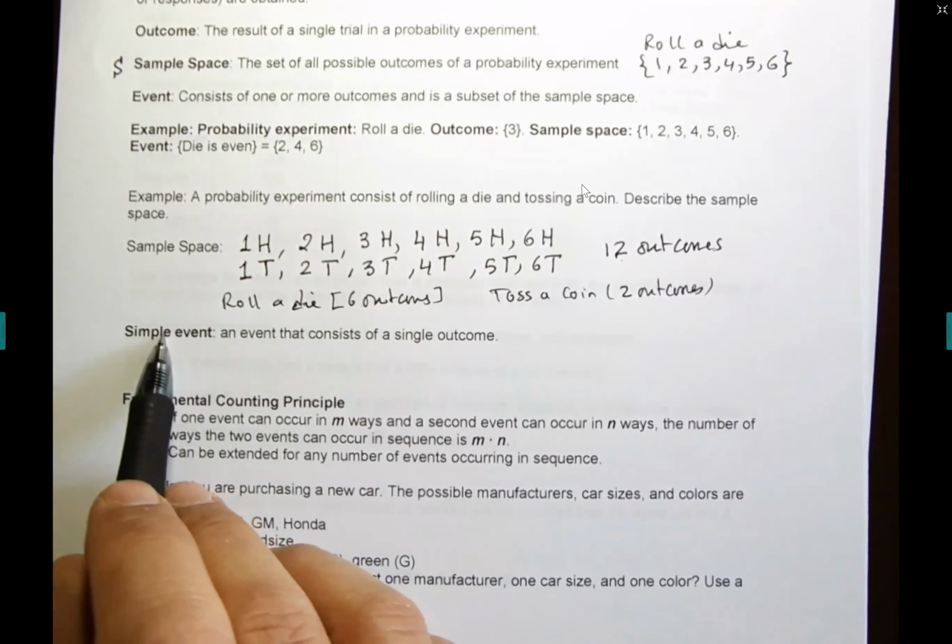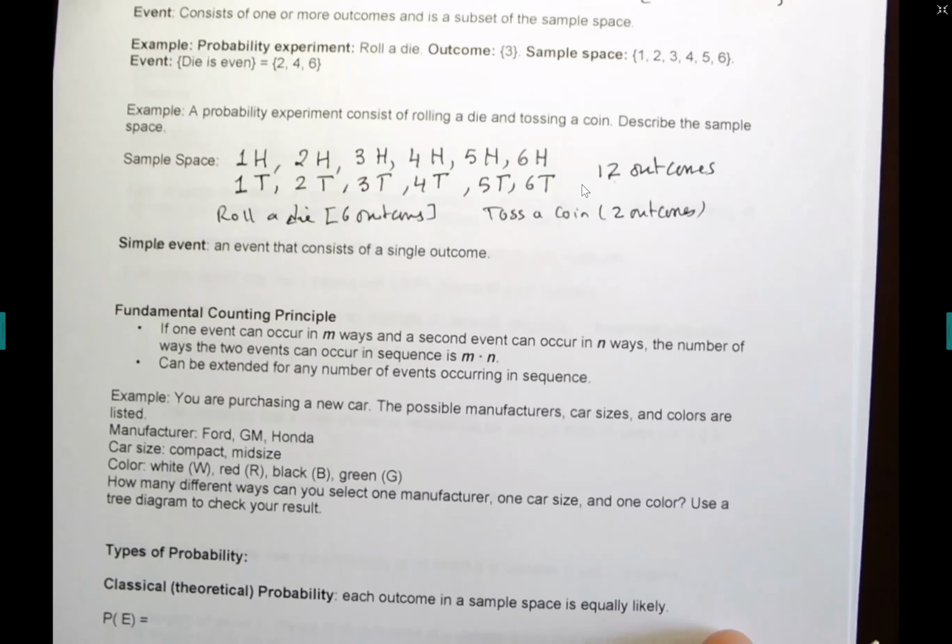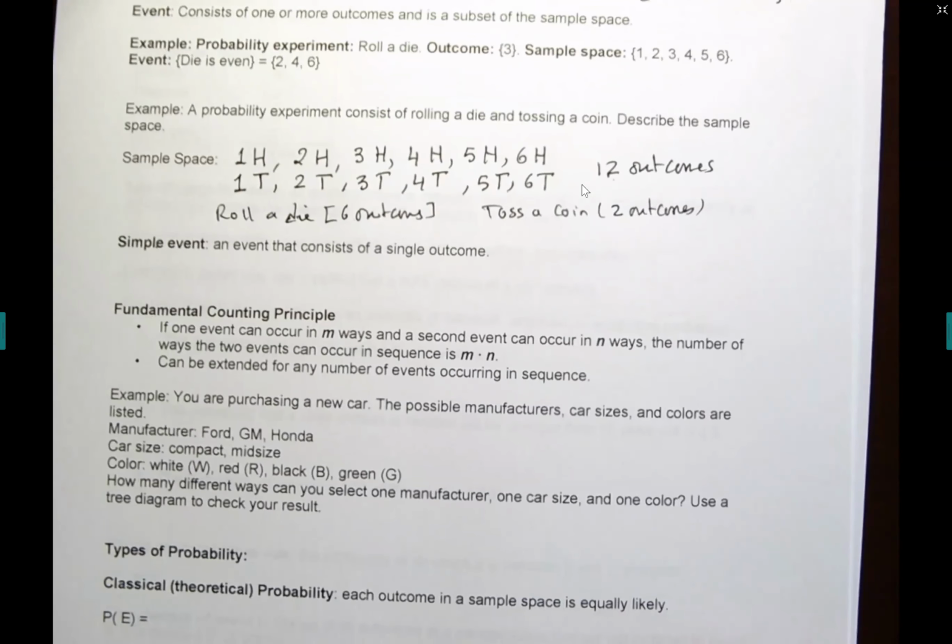A simple event is an event that consists of only one outcome. So if there is only one outcome in an event, it's called a simple event. Okay. What about if I toss 3 coins? 3 quarters. How many outcomes are there?